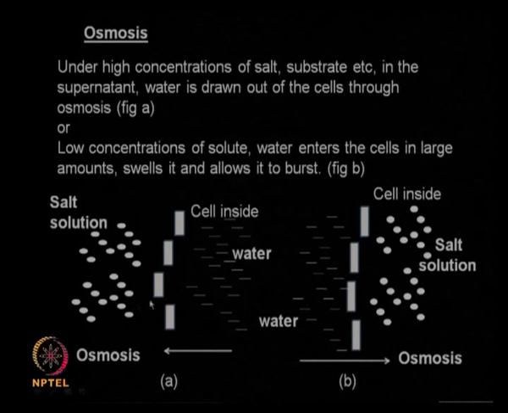So with this difference in pressure, the water will try to come out of the cells, so the cells can break. That means the water is drawn out of the cells through osmosis, that is what this is.